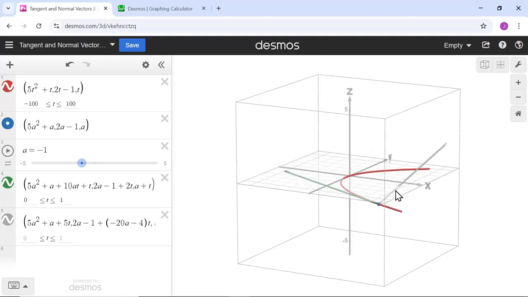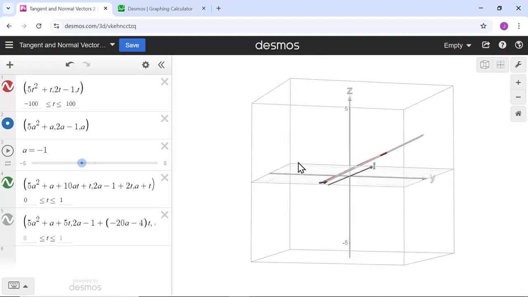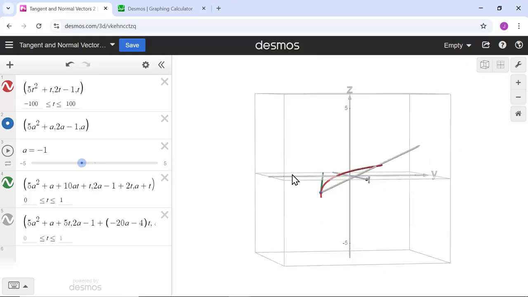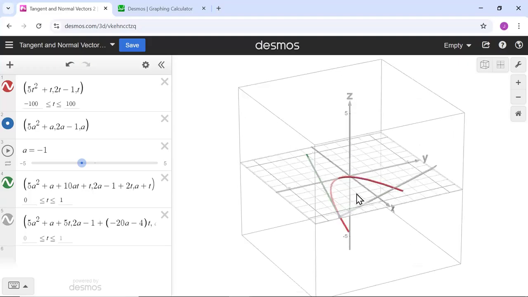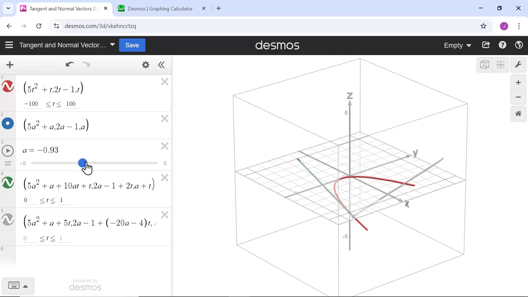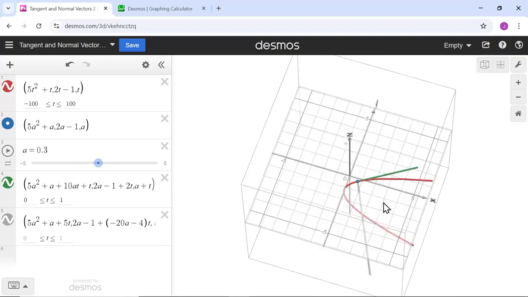Just wanted you to see, because there's lots of vectors orthogonal to the tangent vector in three-dimensional space, but the normal vector is the one that's pointing towards the concave side and is in a specific orientation. So you can see how these go around. They're going to always be orthogonal.